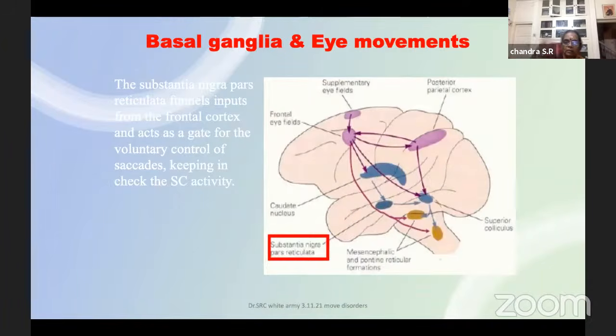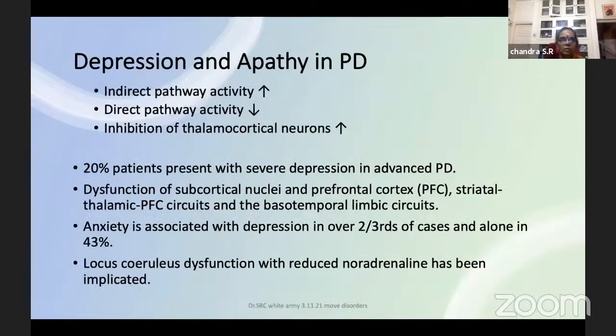You get upgaze involvement in hydrocephalus, and you get upgaze involvement in PSP, but typical PSP is down gaze. And so we say that horizontal gaze in idiopathic PD, down gaze is in PSP, upgaze in tectal pathology, NPH hydrocephalus, even though upgaze does happen in PSP, and MSA is more of upgaze. And eye movements can be normal in MSA.